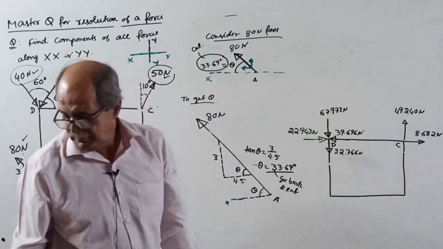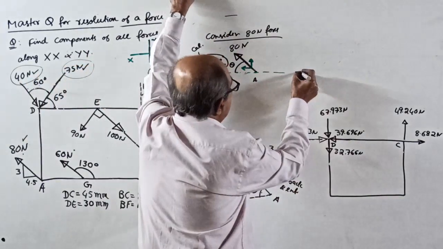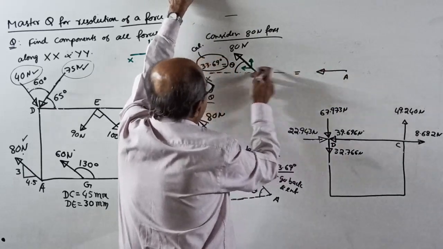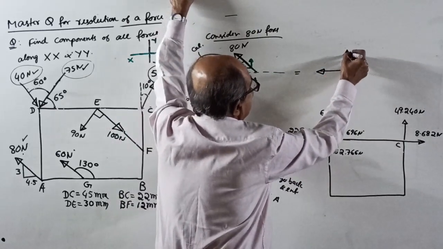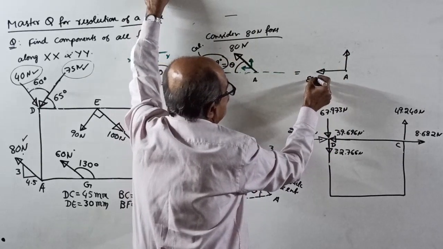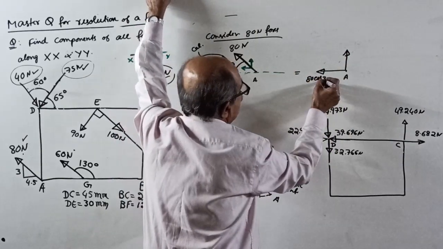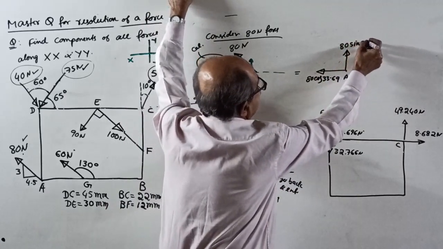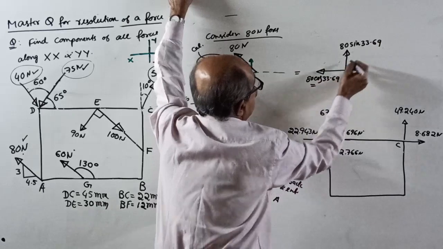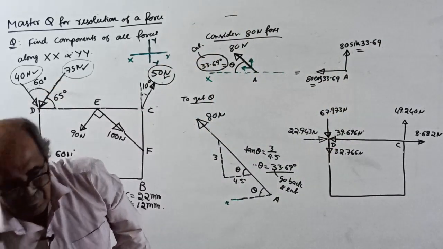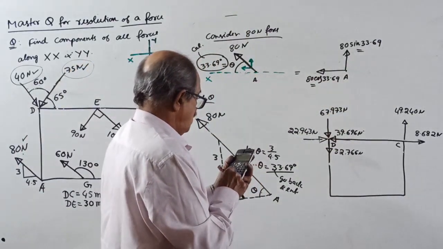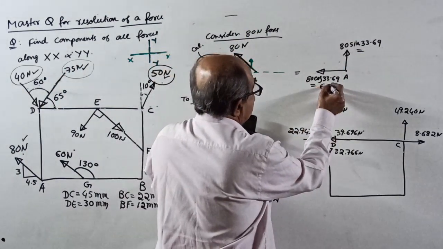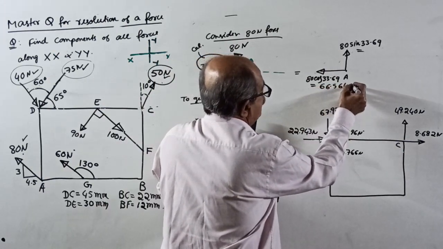Therefore, through the point A, a horizontal component and a vertical component: this is 80 cos 33.69, this is 80 sin 33.69. 80 into cos 33.69 equals 66.564 Newton.